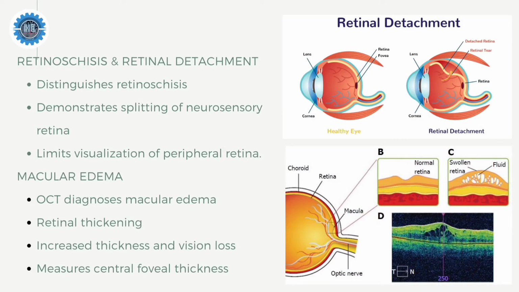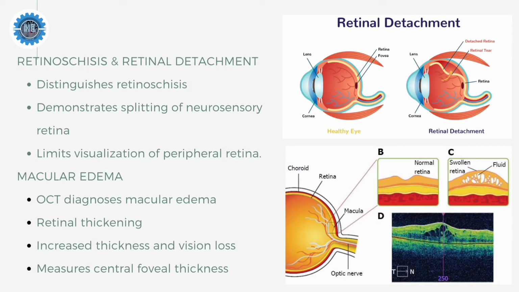The advantages of optical coherence tomography assessment include high accuracy and reproducibility. OCT may be more sensitive than slit lamp biomicroscopy for detecting small changes in retinal thickness.